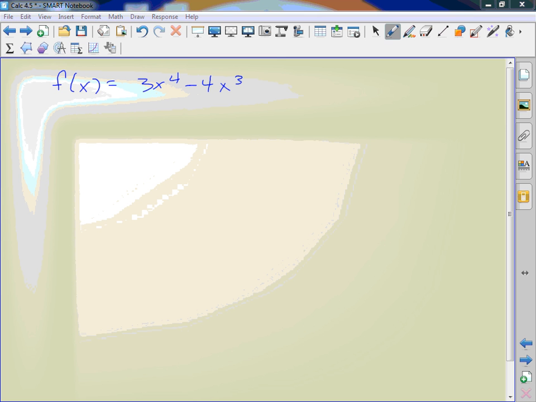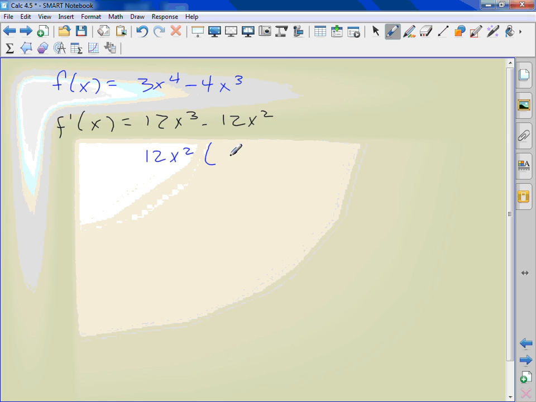All right, on this problem, first derivative, I get 12x cubed minus 12x squared. What can I do here? Take out a 12x squared, and I'm left with x minus 1. So I have a 0 at 0, and I have a 0 at 1. There's only 2.